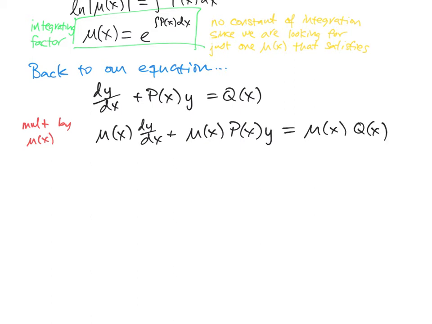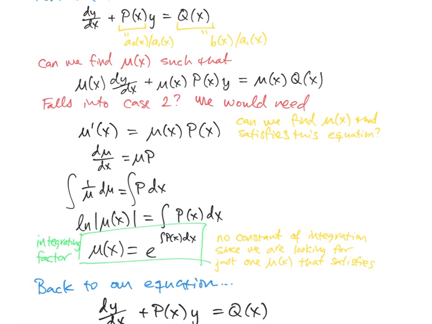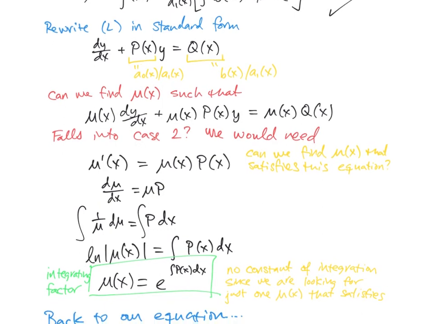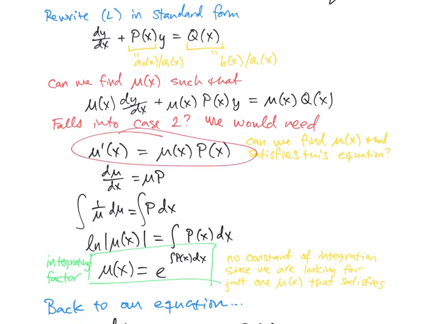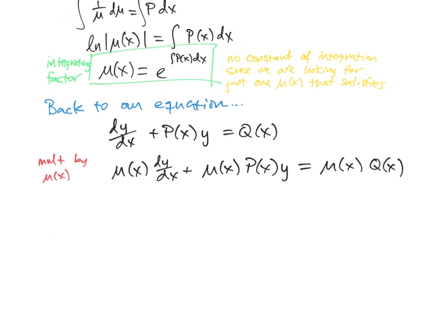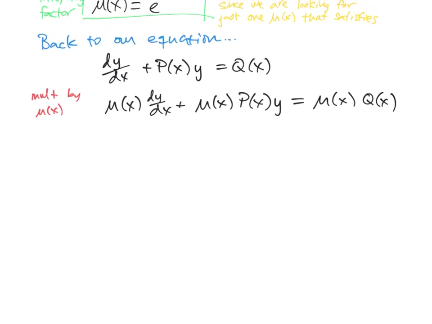Now, because of the way that we defined mu of x as satisfying this equation, we can replace mu of x p of x with mu prime of x. So we can replace mu times p with mu prime.